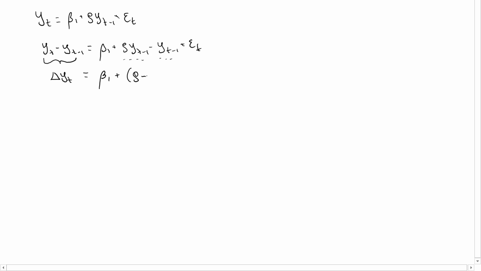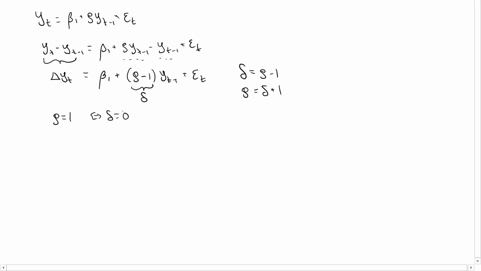So I can write that as rho minus 1 times Yt minus 1 plus epsilon t. And I'm just introducing a new symbol. I'm going to call this delta. So delta is rho minus 1, or if you like, rho is delta plus 1.